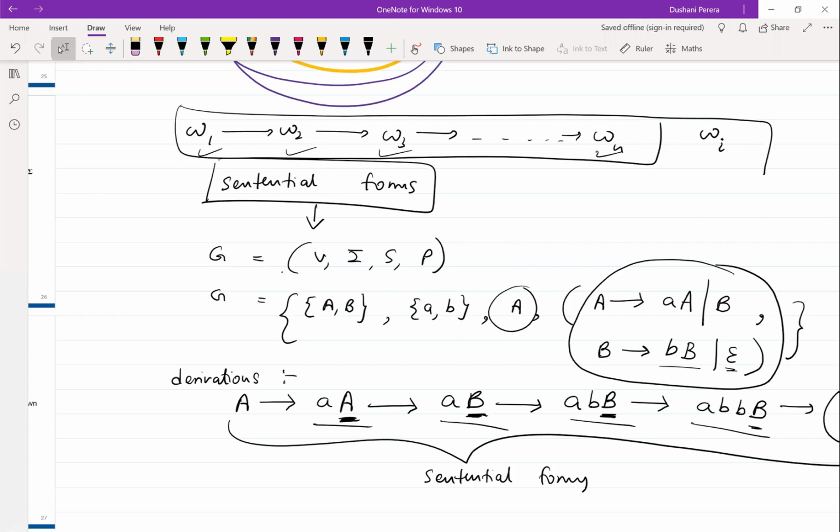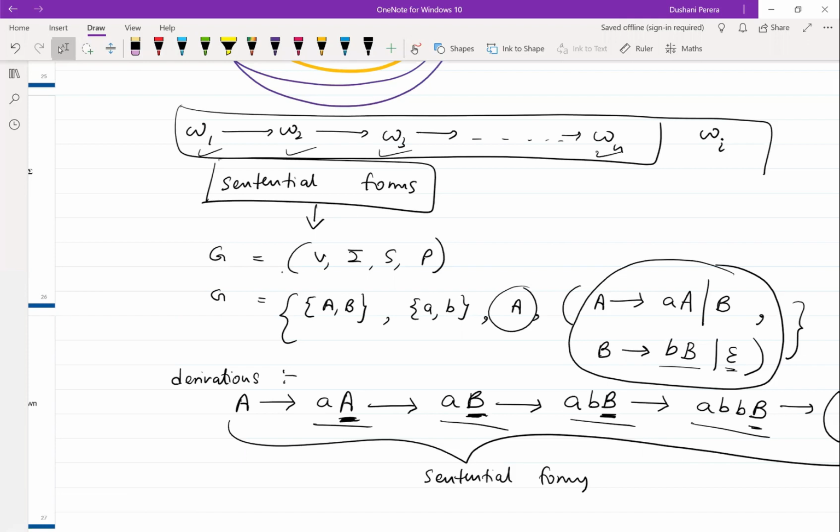So set notations can be used over a language because it's a set, and whenever set notations are not enough to define a language, where the language is complex, we use something called a grammar, which is a powerful mechanism to define a formal language.